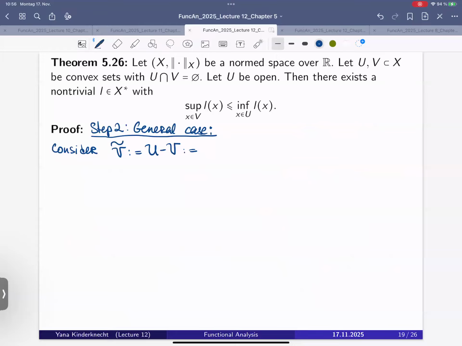This is the set of all elements u minus v, such that u is an element of U, and v is an element of V. So this set can be represented in the following form. It's a union of the sets U minus v, and the union is taken over all v in the set V.